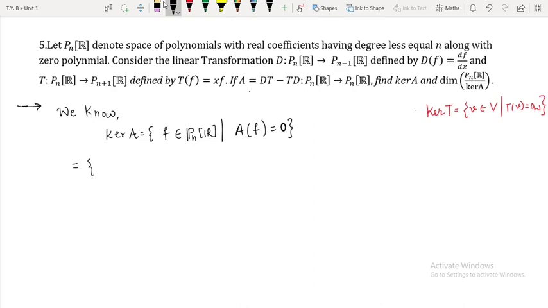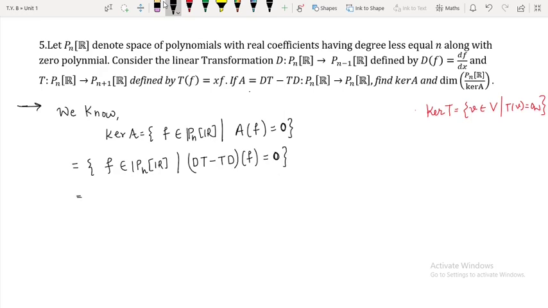Which is further equal to the set of all f belonging to Pn of r such that, now what is A? A is DT minus TD of f, which is equal to our 0 polynomial.